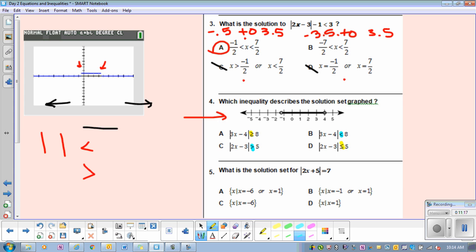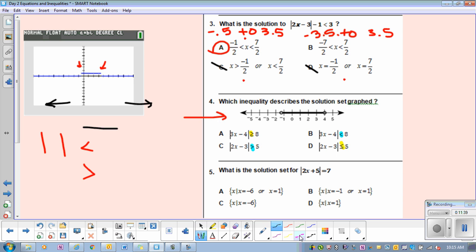What do you have to do with the circles in the less than or equal? It's either a closed circle or an open circle, right? Look at your graph. Is your graph a closed circle or an open circle? Open. So which ones can I cross out here?